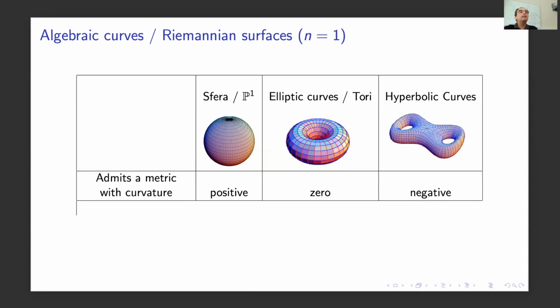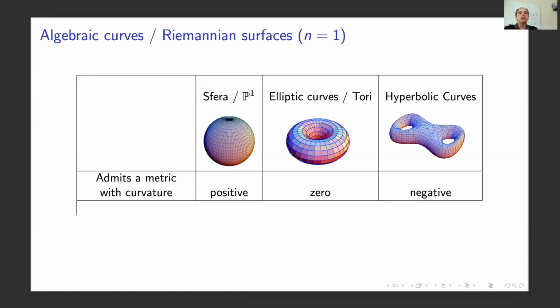Each of us might have a good idea why we want to define such a classification, why we want to define algebraic curves or Riemann surfaces this way. From a differential point of view, if we care about the differential geometry of this object, we know that the sphere admits a metric with positive curvature.